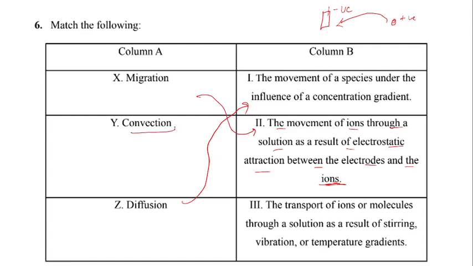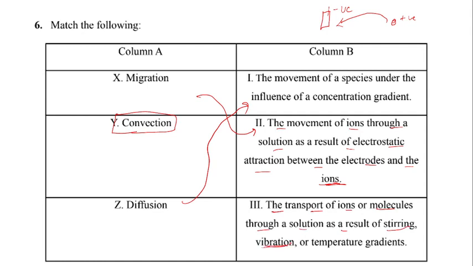Then third is convection. Convection means you are providing mechanical energy or any type of energy from an outer source. Then movement of ion due to this external energy is known as convection. So the third statement is the transport of ion or molecule through a solution as a result of stirring, vibration.